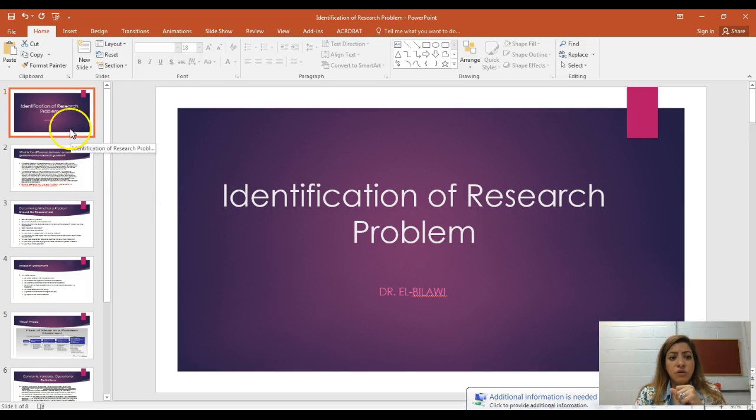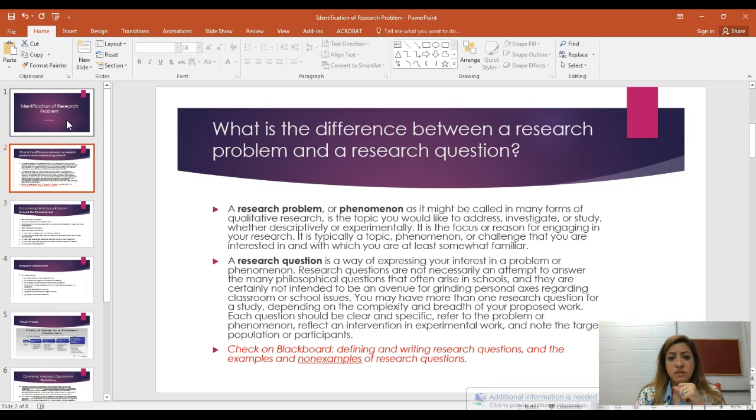First, I'll go to the first slide here, which is the difference between a research problem and a research question, because many students confuse the two. When I ask them what their research problem is, they right away jump into telling me the research question.